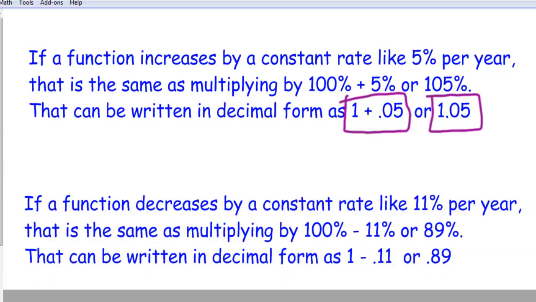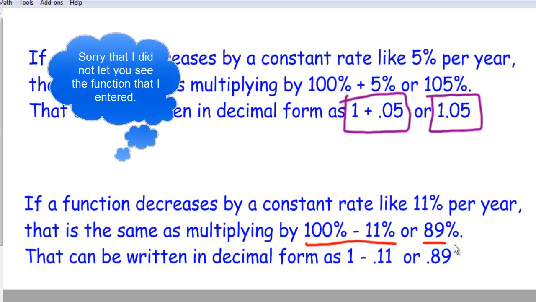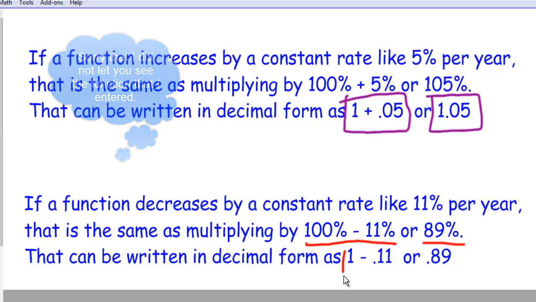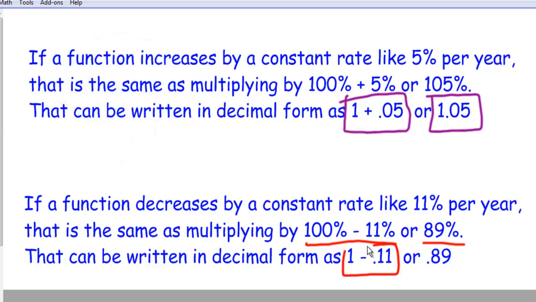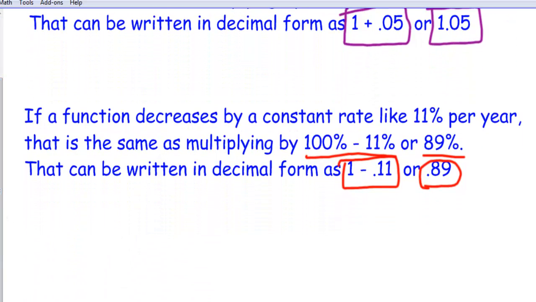If a function decreases by a constant rate, like 11% per year, that's the same as multiplying by 100% minus 11%. Instead of adding, we'd subtract, which would give us 89%. We could write that in decimal form as 1 minus 0.11, which is 0.89. So 1 minus 0.11 would be our decay factor, or we could write it as 0.89.